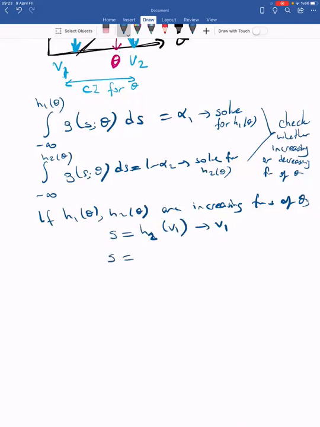Then equate S to h1 of v2; again, replace theta by v2 and obtain v2. So it will be a function of S. These are the upper and lower bounds for the confidence interval.